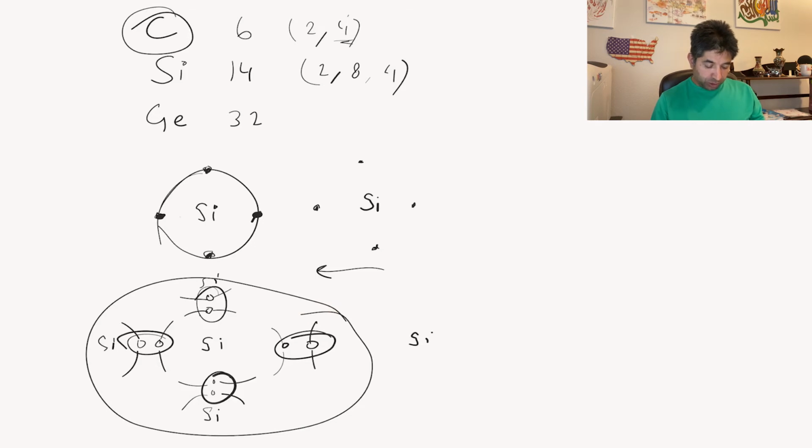Okay, so before what happens, let's look into phosphorus and also arsenic. They have 5 valence electrons.